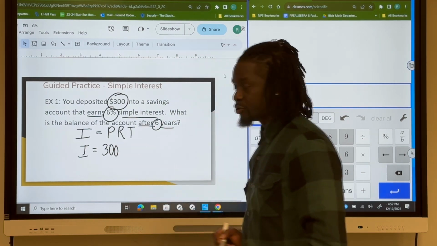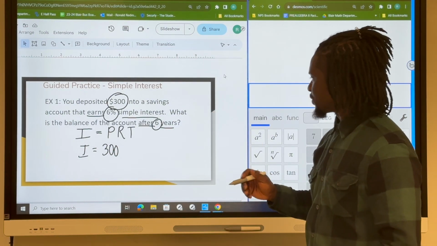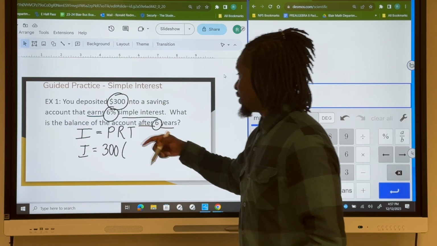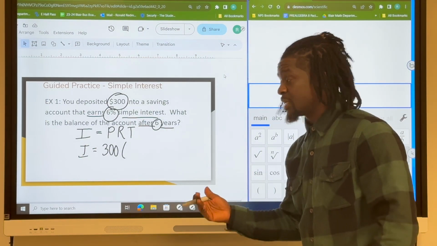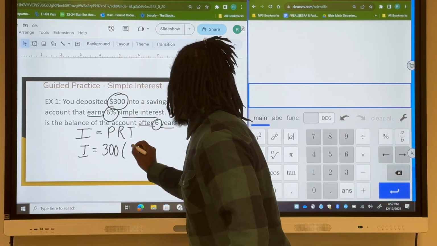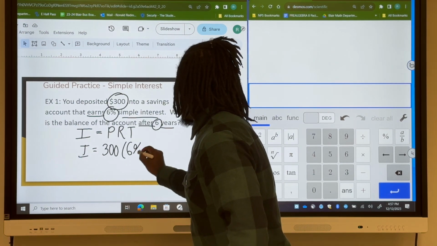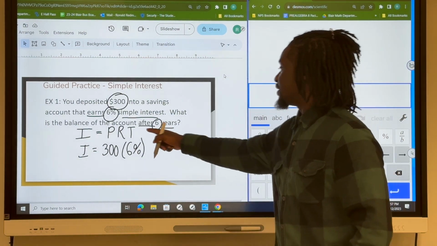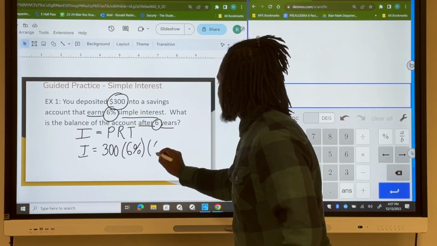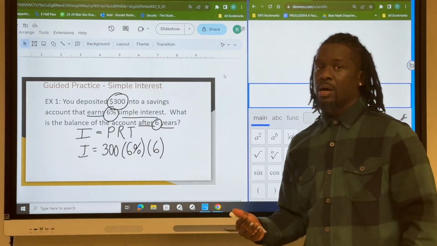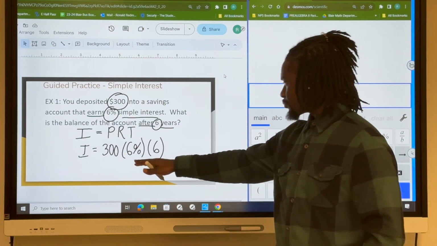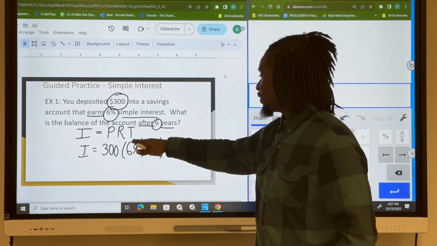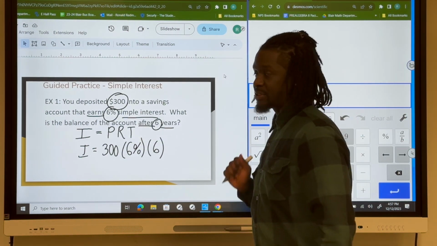The rate is the percent, and the percent is 6%. The time, the T, is 6 years. So I am going to multiply 300 times 6% times 6.